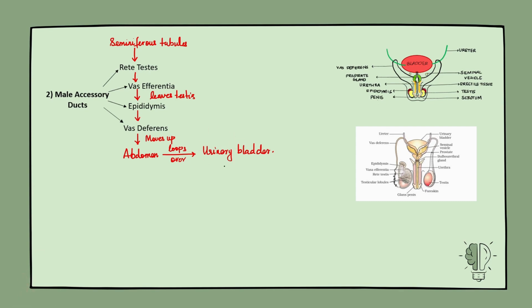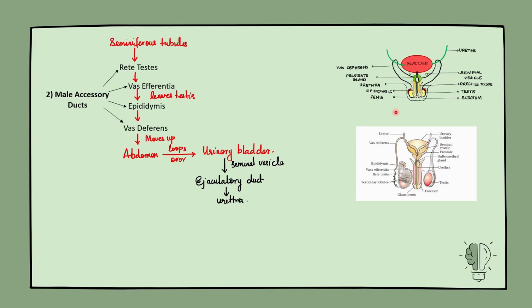So, the urinary bladder receives a duct from the seminal vesicle, and this duct is called the ejaculatory duct, and this ejaculatory duct then opens into the urethra. All right.